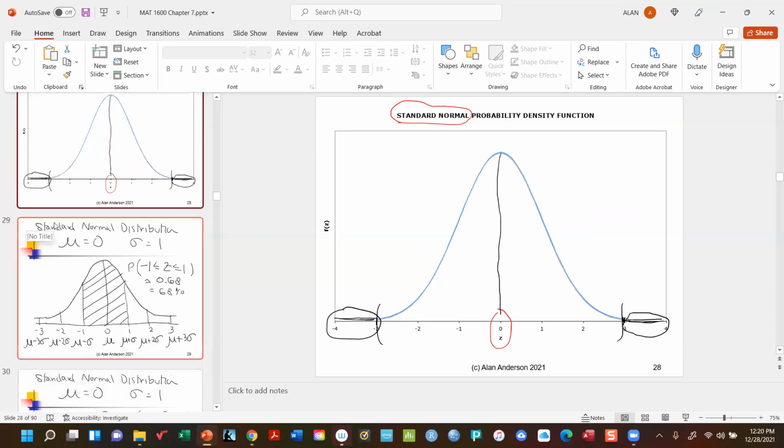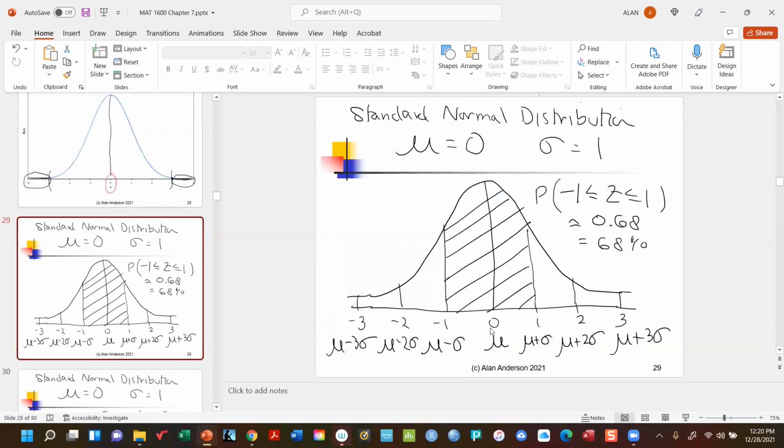All right, now, what I'd like you to do is see how those numbers connect to the standard normal distribution. If you notice here, I've got the same numbers, but directly below them, what you're seeing is that 0 is the mean. A 1 actually means 1 standard deviation above the mean. -1 can be interpreted as 1 standard deviation below the mean. And similarly with 2 standard deviations above and below the mean, and 3 above and below the mean.